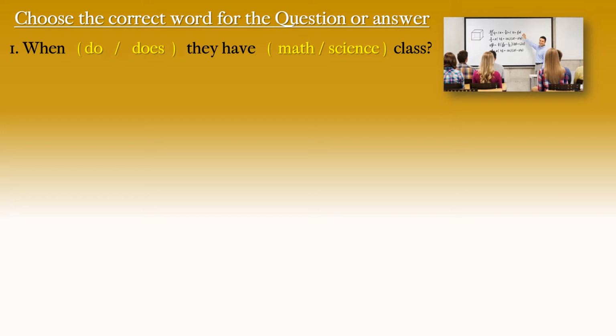So, you need to look at do and does. Math and science. One of these words is correct for each set and one is wrong. Let me help you just so you understand what we are doing. So let's look at they have. Now we have the word they. Do we use do with they or does?